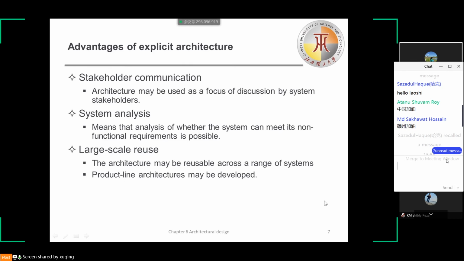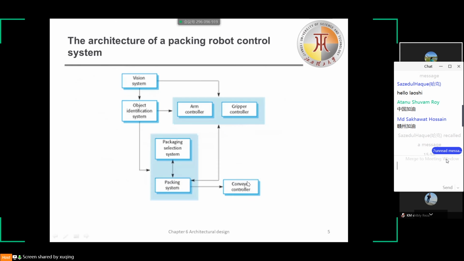I think it's better to see it like this here. You see, each box in the diagram represents a component. And the boxes within boxes, they indicate that this big component has been decomposed to subcomponents.